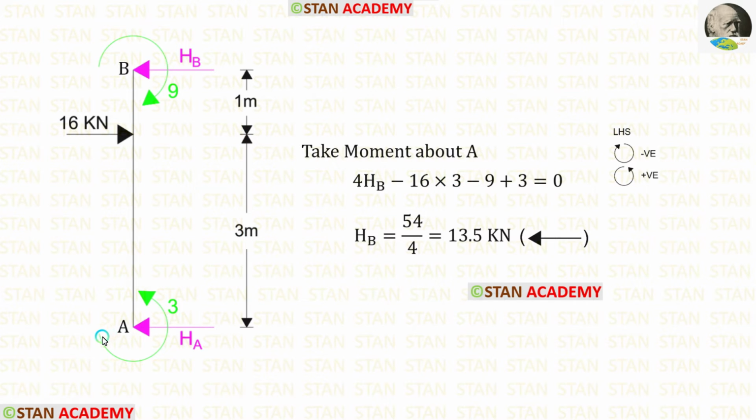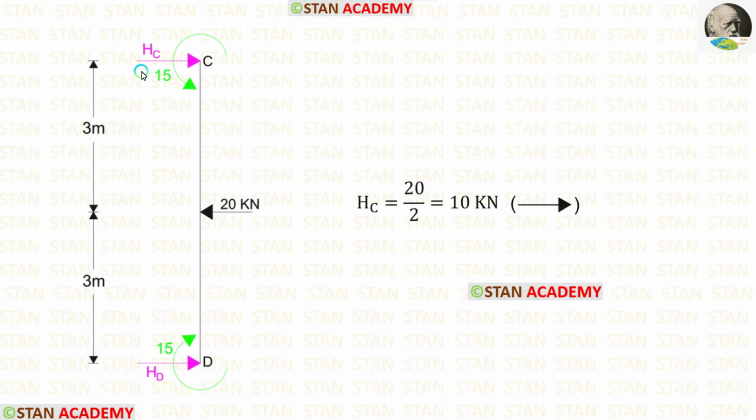The fixed end moment at the point A is acting in the anti-clockwise direction, so it will be positive. The fixed end moment at the point B is acting in the clockwise direction, so it will be negative. Finally, for HB, we are getting 13.5 kN, which is acting towards the left side.